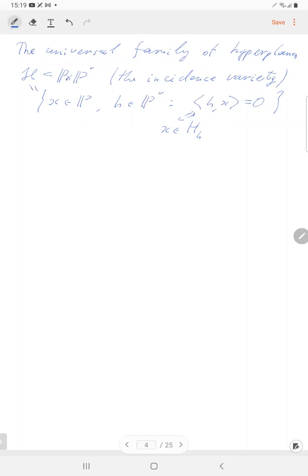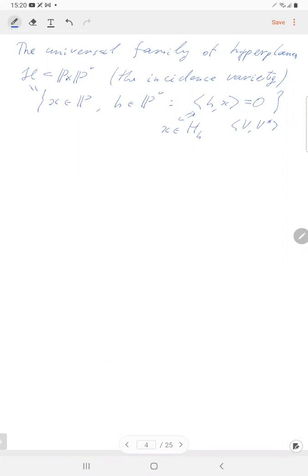These brackets mean that the corresponding vectors in V, there is a pairing between V and V dual. So you lift your X to any vector in this line, and your H to any vector in that line, and those two must be orthogonal.